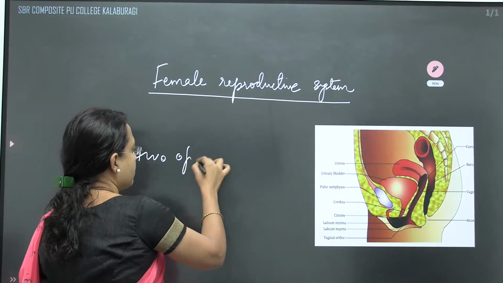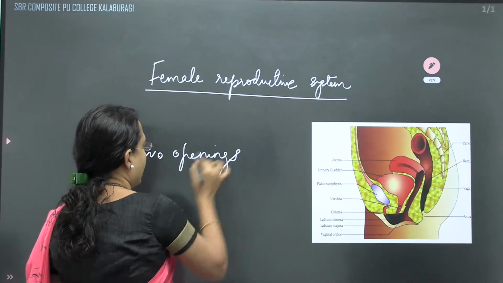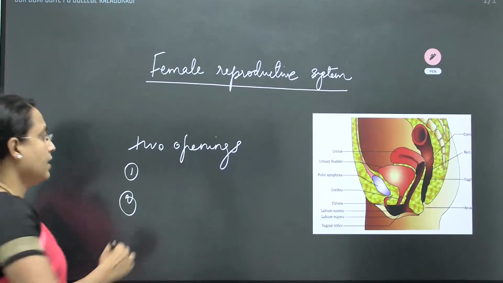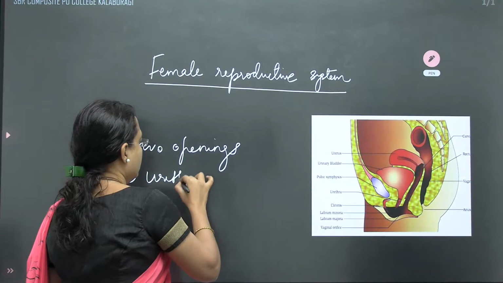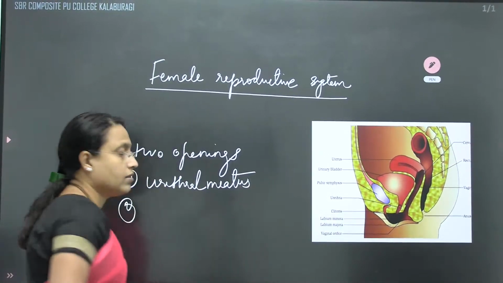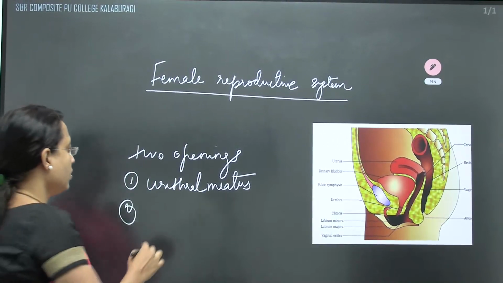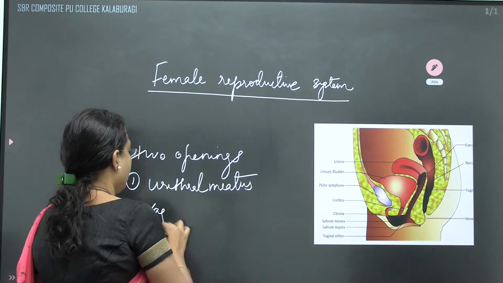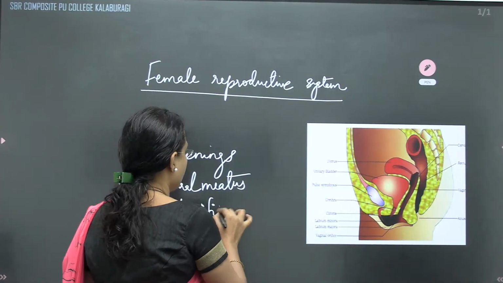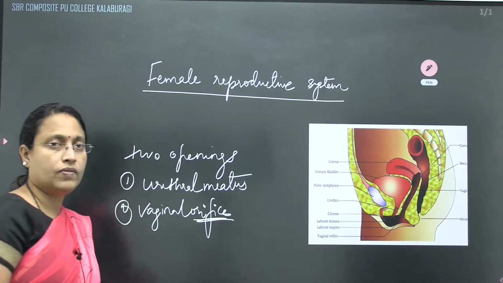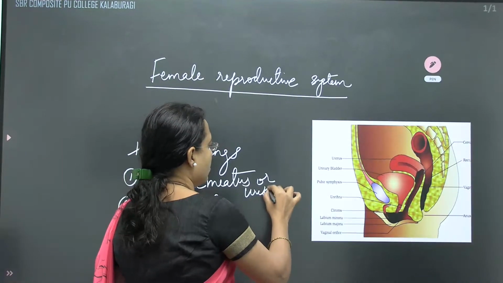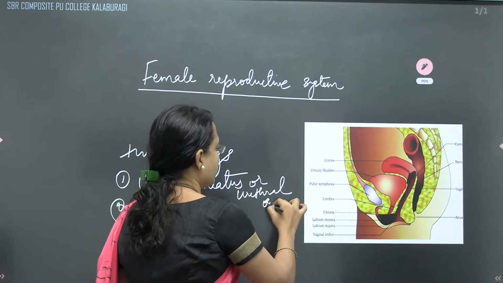The first opening, which is present above, is called the urethral meatus. And the second opening, which is present below, is the vaginal orifice. The upper one is also called the urethral orifice.